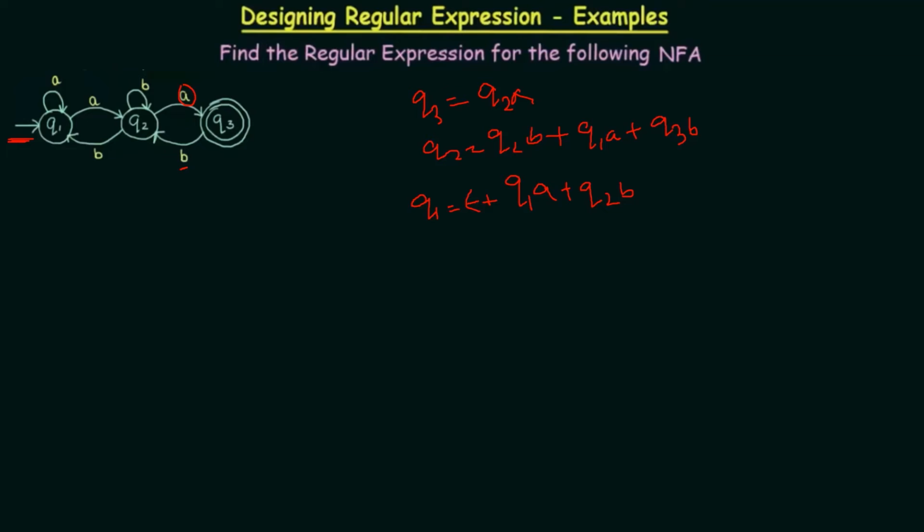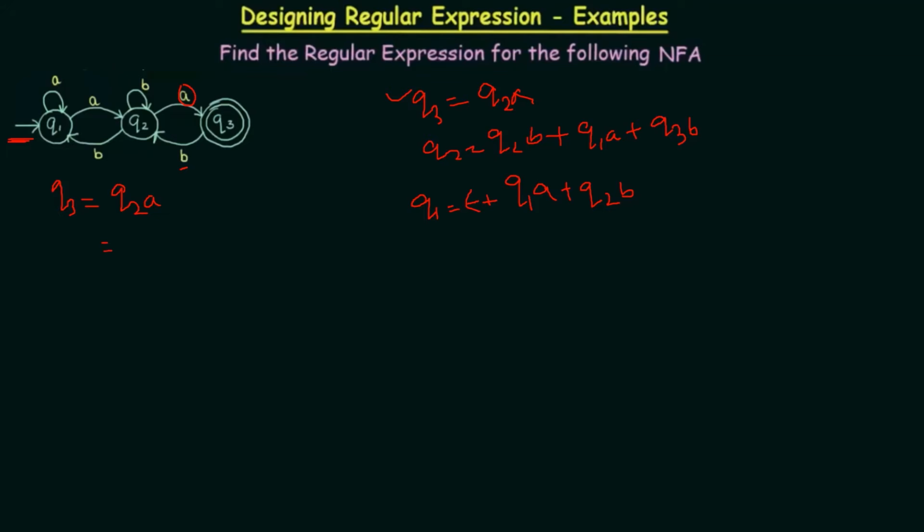Now we have to simplify these three equations to get our final regular expression. Just follow me with this. First of all, let's try with the easier one, that is Q3. So what is the value of Q2?